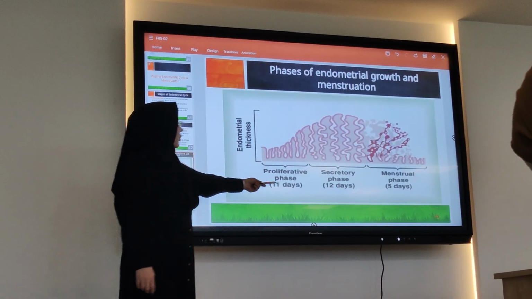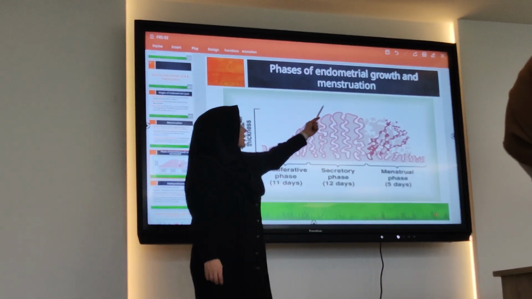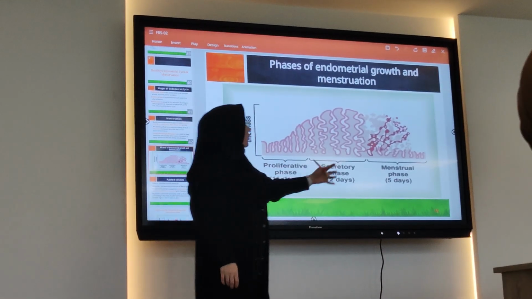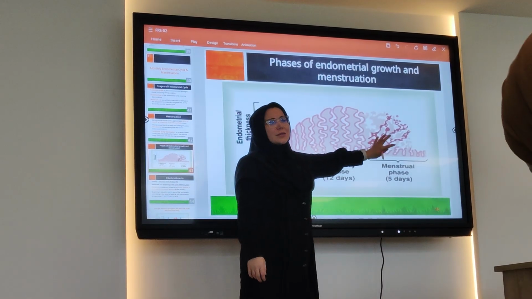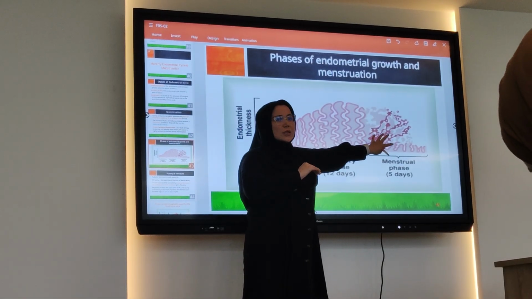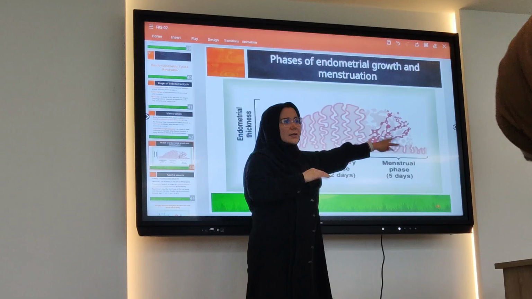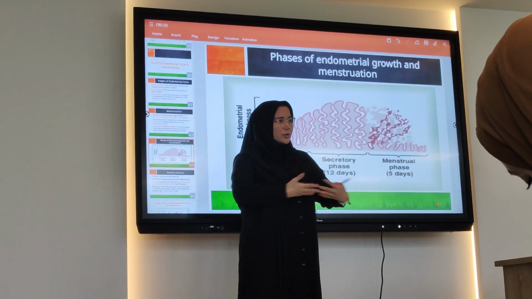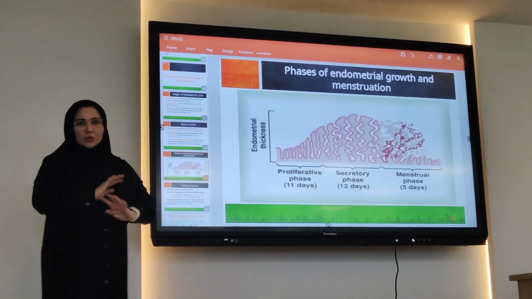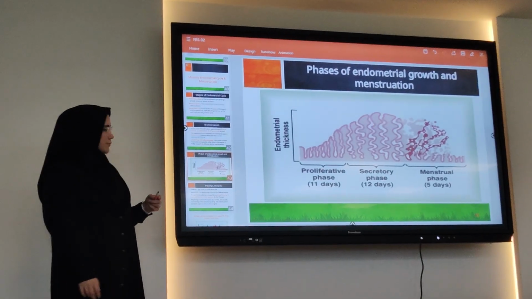My dear friend, this is the proliferative phase. This is the secretory phase. They become swollen and enlarged. And finally, if there is no pregnancy, the corpus luteum converts into corpus albicans, so there is no estrogen and progesterone, and the endometrium is destroyed. The whole tissue that was produced during the proliferative and secretory phase is destroyed.